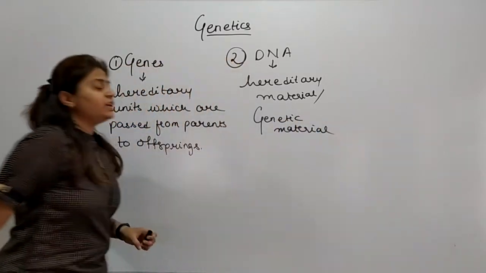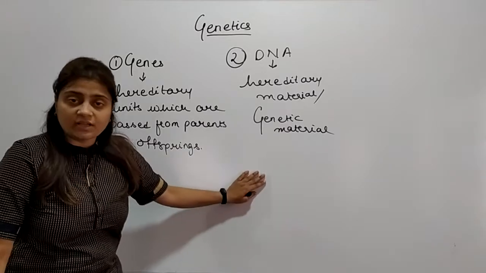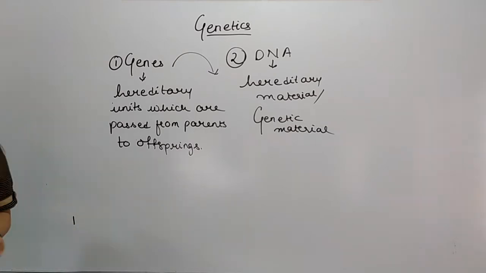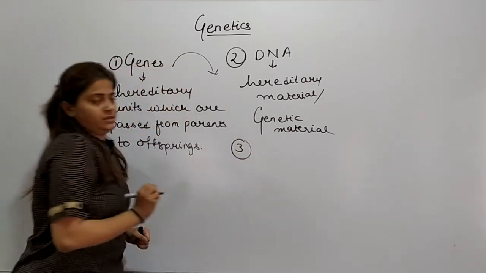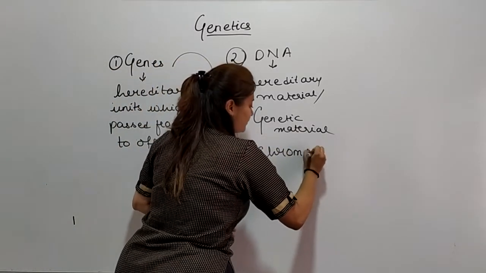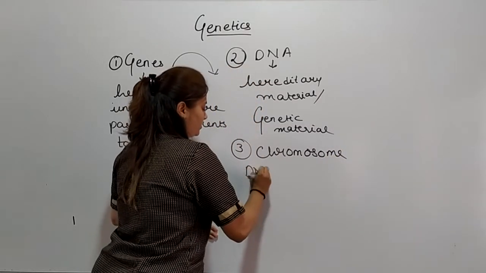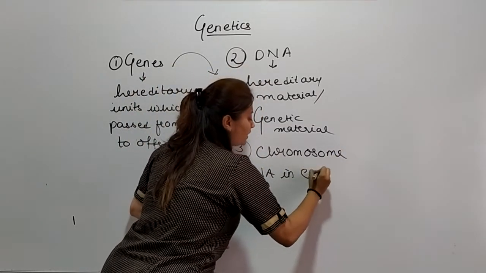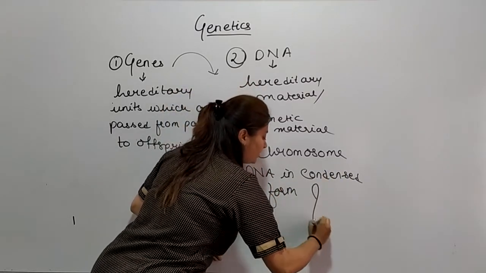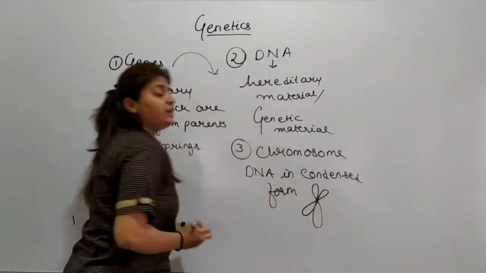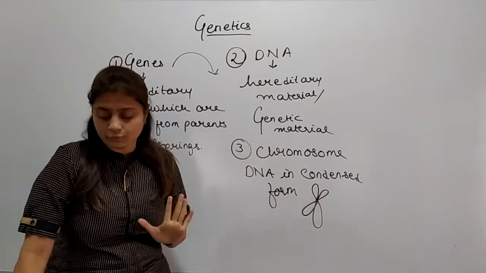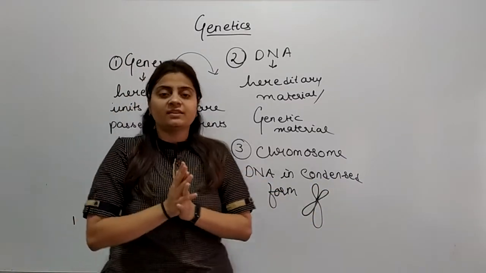In a cell, during the time of cell division, DNA is present in a condensed form to fit inside the cell, and this condensed form of DNA is known as chromosome.